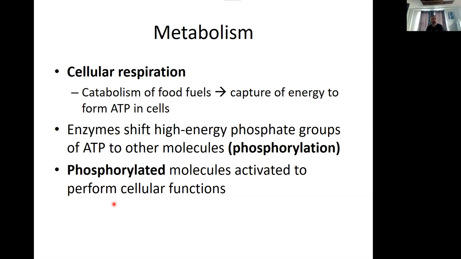An ATP has 3 of them that we can use to do things around the cell. We do so by giving that phosphate group to something else, a process we call phosphorylation. When we phosphorylate something, when we give it one of those phosphate groups, we give it energy to do what it needs to do.